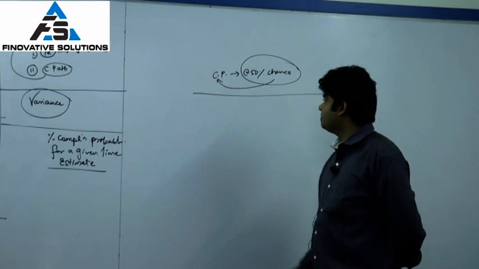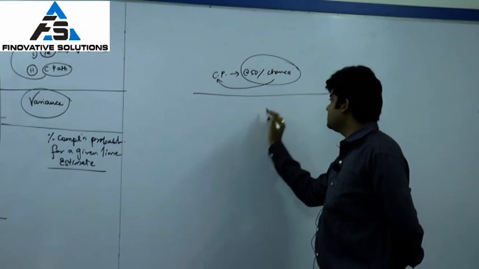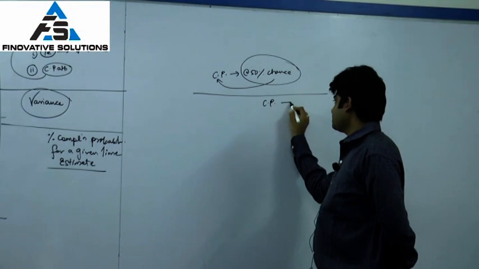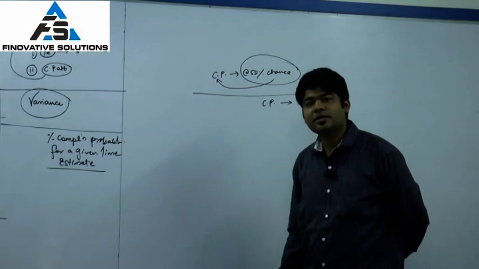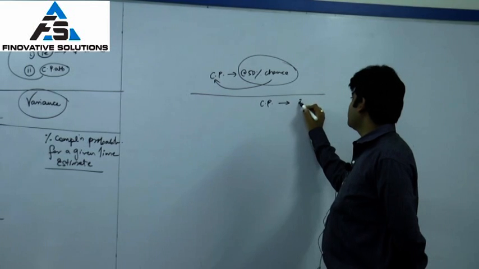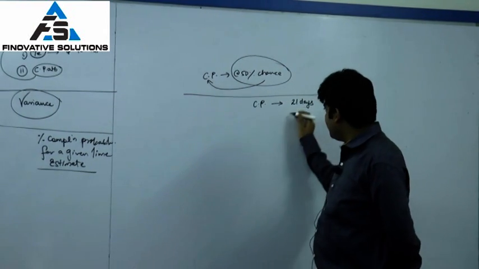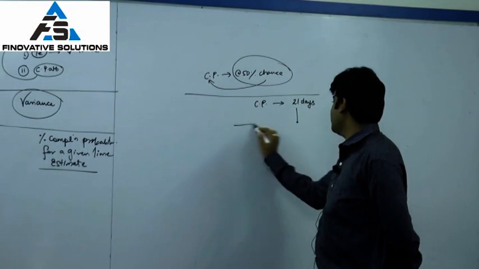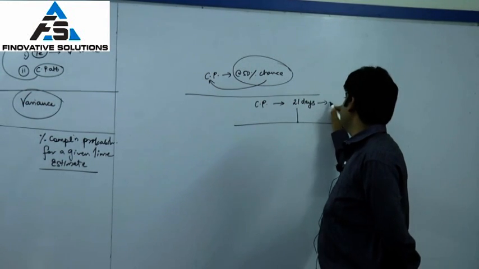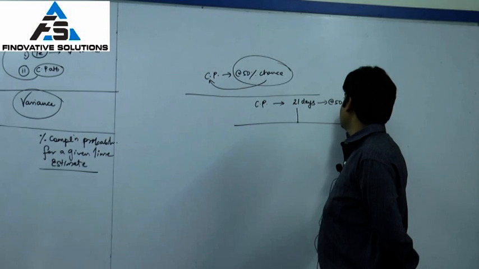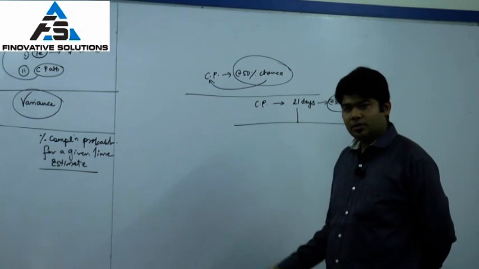Let me give you an example. Suppose there is a critical path of 21 days. Based on this, now I want to calculate. Obviously this 21 days will have a probability of 50%. What does this mean?